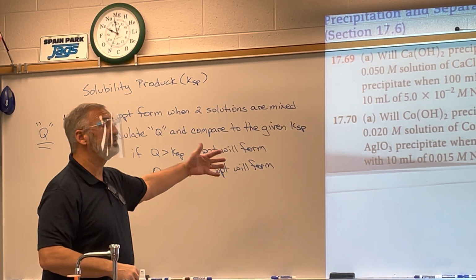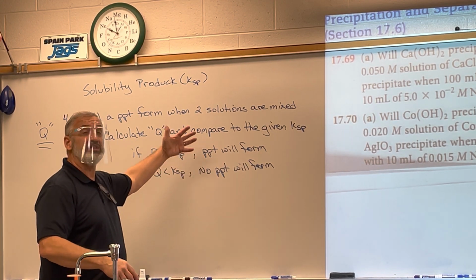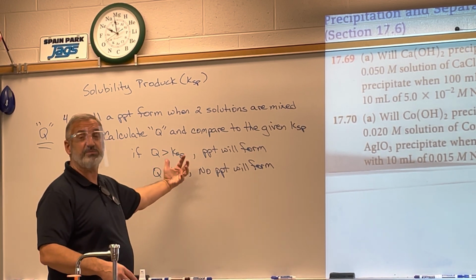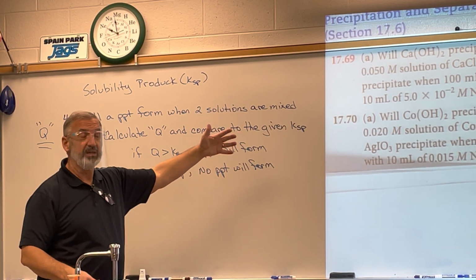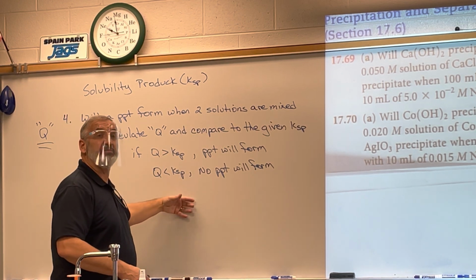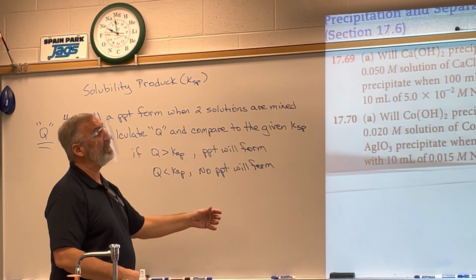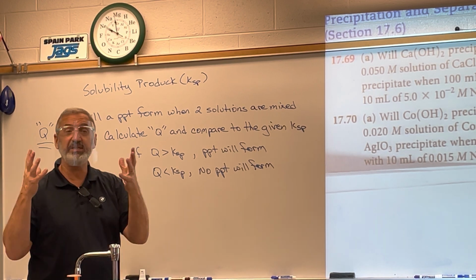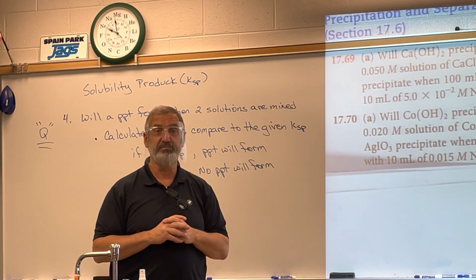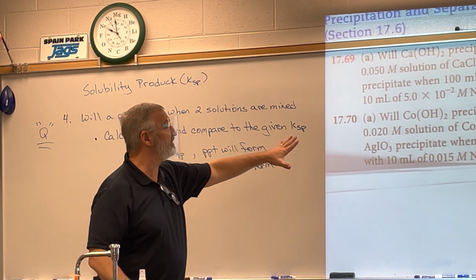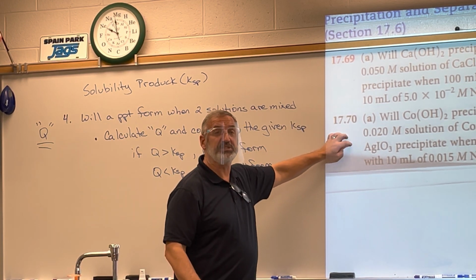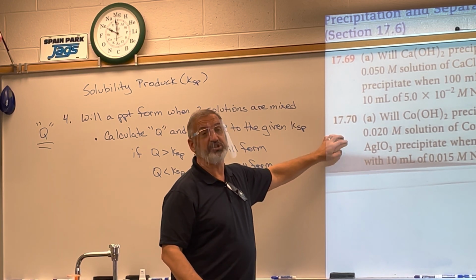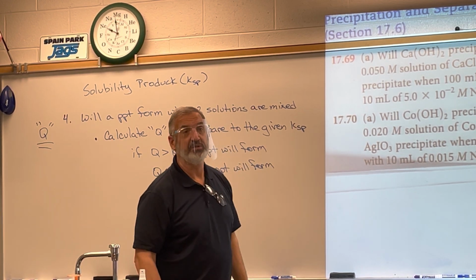Then we do Ksp problems, where we find the molar solubility given Ksp, or find Ksp given molar solubility. What's the molar solubility with a common ion? And now, will a precipitate form? And again, will a precipitate form is always an indication that it's a Q problem. Q is not mentioned anywhere in the problem, but will a precipitate form has to be your mental clue that you're going to solve for Q.